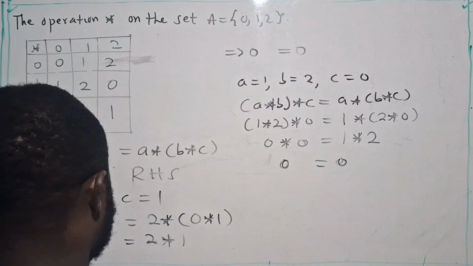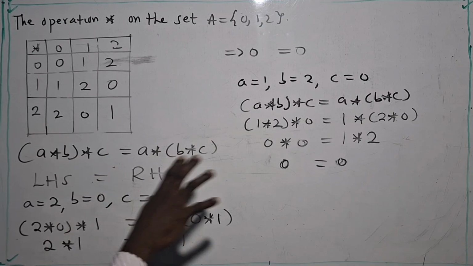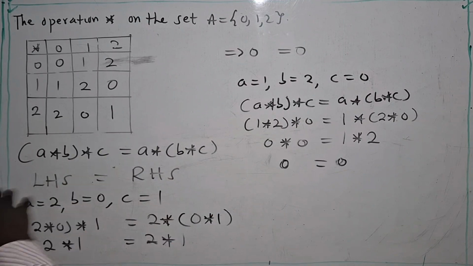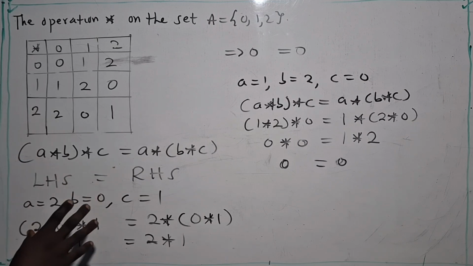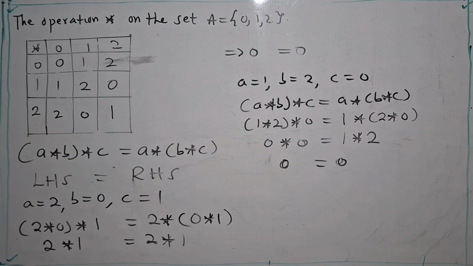So each 3 numbers you select, if you get the same answer using this property, it means that the table or the operation you have defined on the table is what? Is associative.